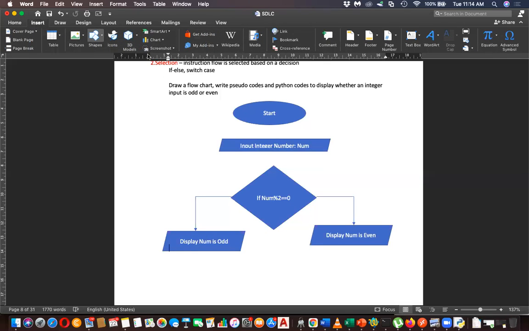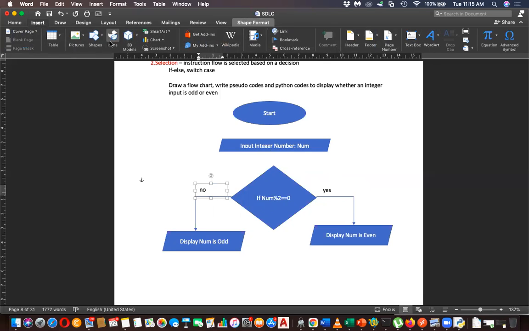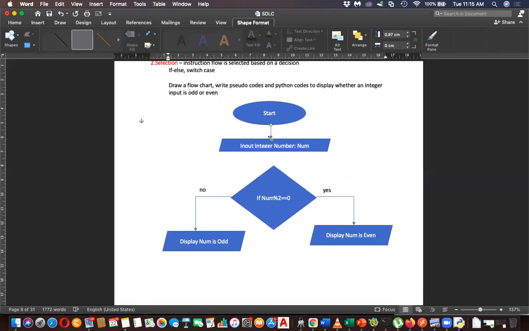And here you have to add the arrows to show the flow from start to input, then from that to the decision.